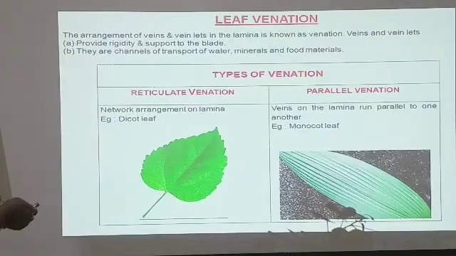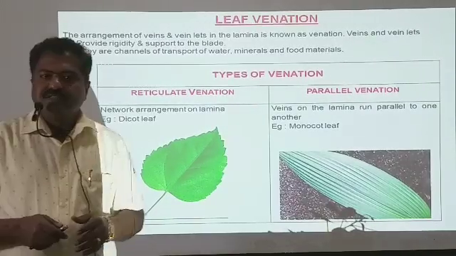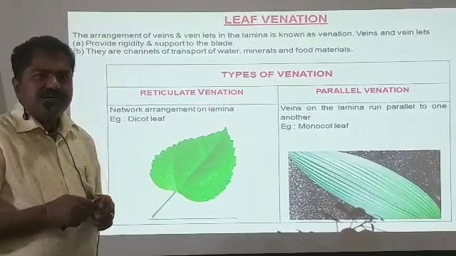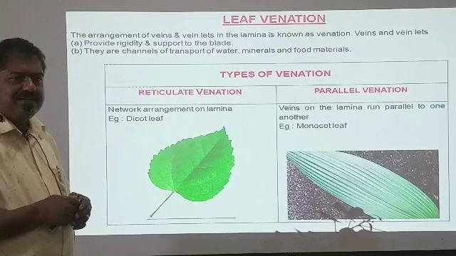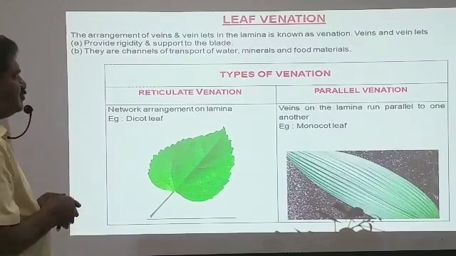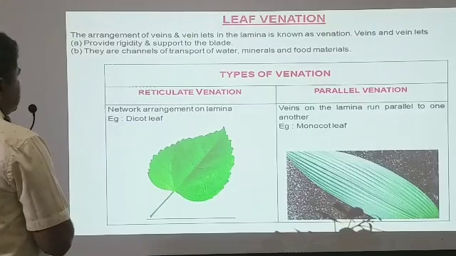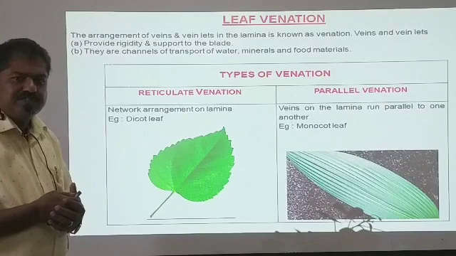Coming to leaf venation. The arrangement of the veins and veinlets on the leaf blade or lamina is called the leaf venation. Depending upon the type of venation, leaves are classified into reticulate and parallel venation.